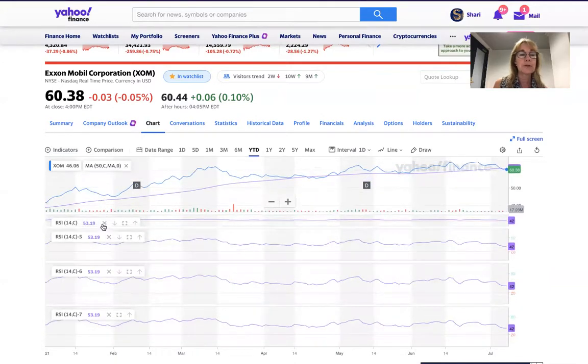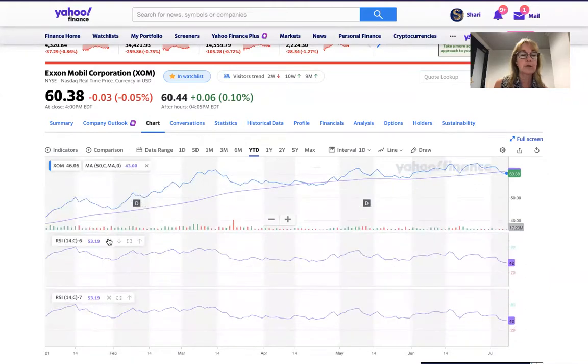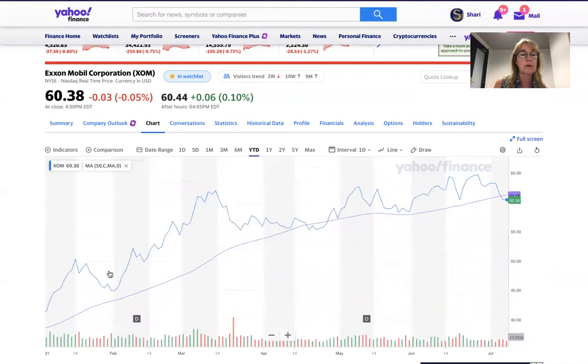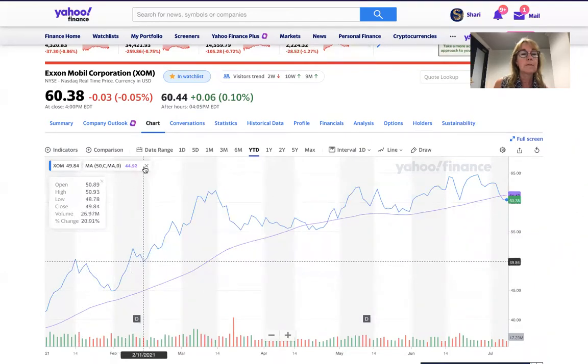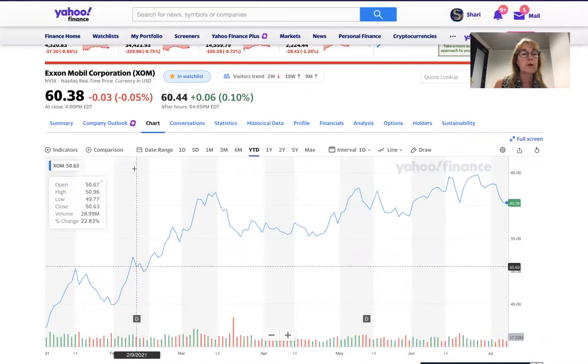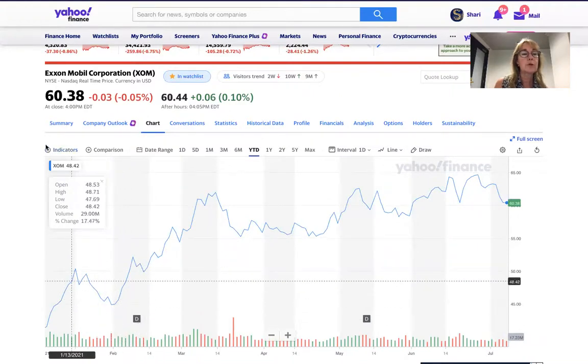I'm sorry, RSI is the relative strength indicator, not resistance. Okay, so let me start over here. Okay, so we're going to go to these indicators.